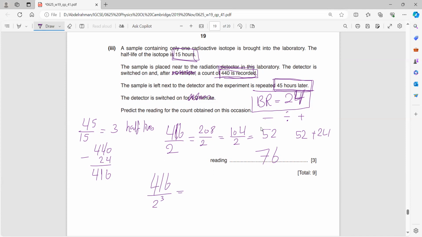If you divide 416 by 2 to the power of 3 it would give you 52, which is basically divided by 8. Because I know that many of you get confused in this part, so to avoid confusion, don't do that. This is right, 100% correct, but to avoid getting confused, divide it by 2, 3 times.